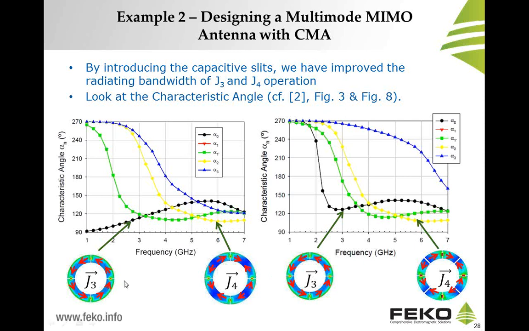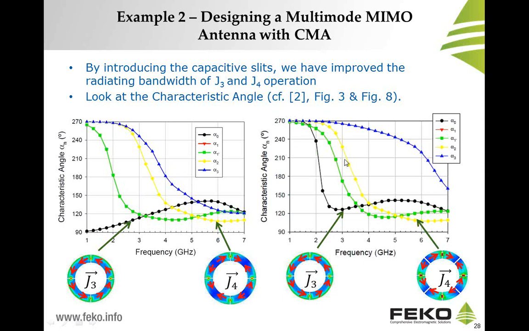On the left-hand side of the screen here, I show the original curve, where the black line represents the characteristic angle associated with mode J3, the inductive mode, and the yellow line shows the characteristic angle associated with the fourth mode, the mode that we didn't want to alter. By introducing the slots, we have essentially improved the radiation characteristics of mode J3 in that we have now pulled it up to cross the 180-degree curve close to our resonating frequency of about 2.4 gigahertz.